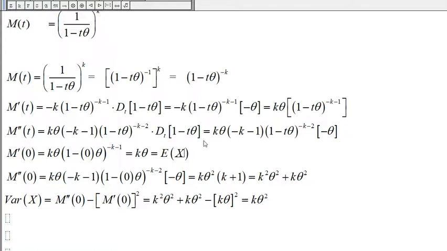The second derivative, evaluating at 0, so in the place of t here we have 0. 1 minus 0, which is 1, to the negative k minus 2, is 1. Here we have k theta times theta, which is k theta squared.